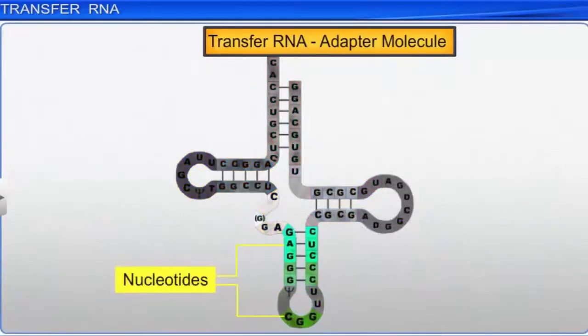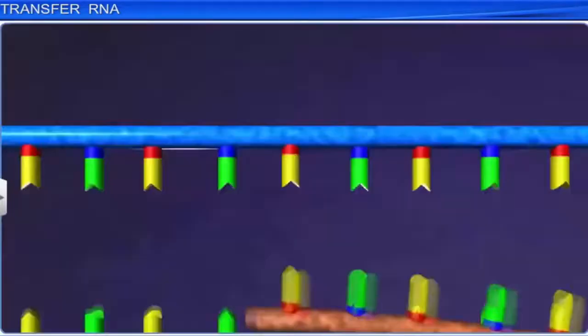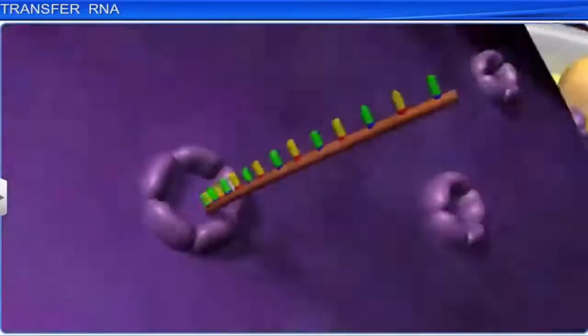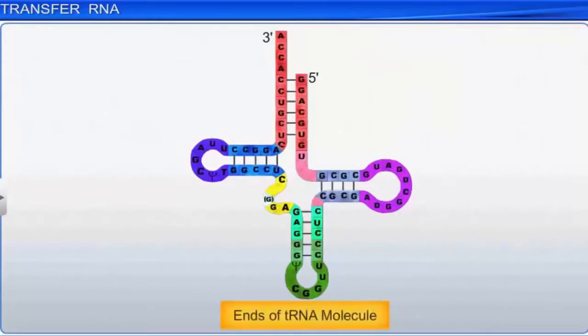Synthesized from a DNA molecule in a process similar to the synthesis of mRNA, tRNA is soluble in 1 molar NaCl and is hence known as soluble RNA or sRNA. Each tRNA has G at its 5' end and CCA at its 3' end.